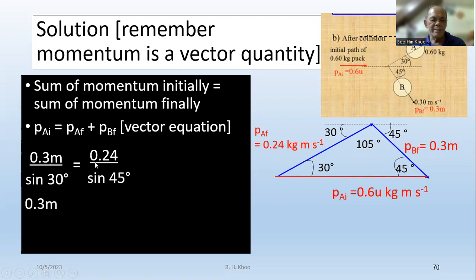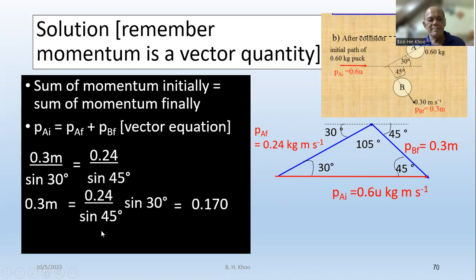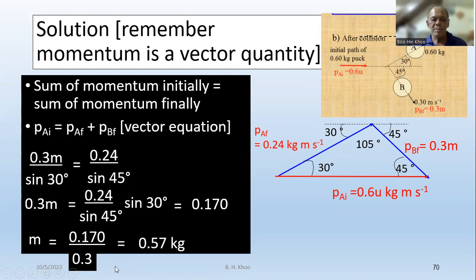So cross multiply. Use the calculator and calculate your m. And if we are required to calculate u, we can calculate u, no problem.